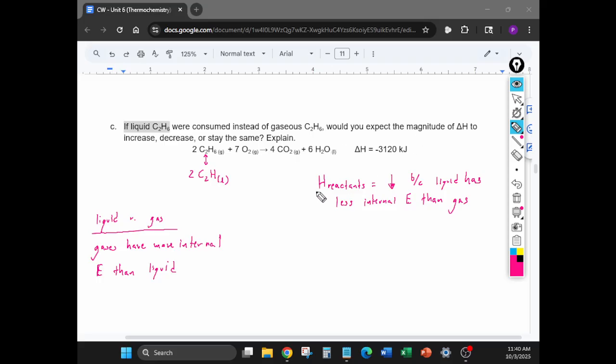The question is not asking you about just the H of the reactants, they're asking about the delta H. Now we know delta H is equal to the H of the products minus the H of the reactants.